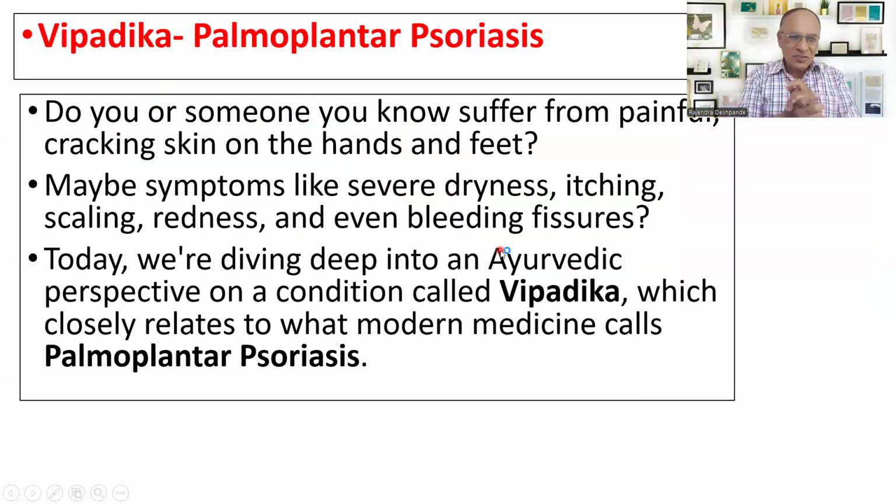My dear friends, do you, particularly you or someone you know, suffer from painful cracking skin on the hands and feet? Maybe symptoms like severe dryness, itching, scaling, redness, and even bleeding fissures.